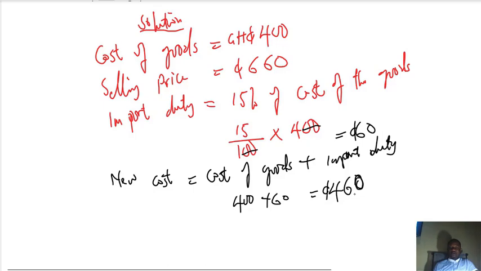So now we have 460, and she pays sales tax of 10% of the 460 Ghana cedi. She pays sales tax of 10% of it, because that is the sales tax.